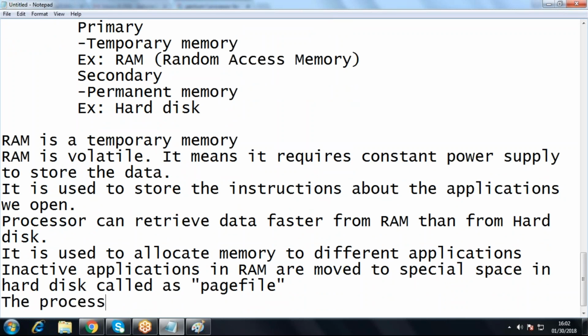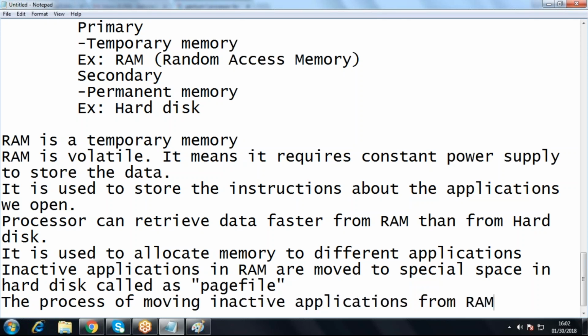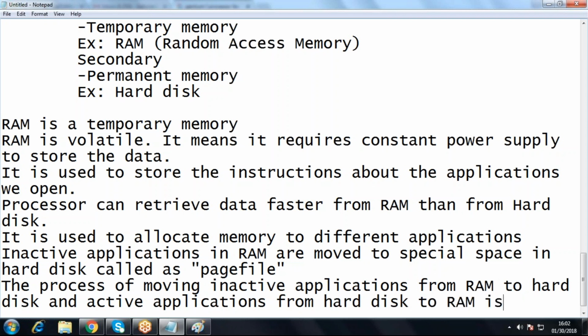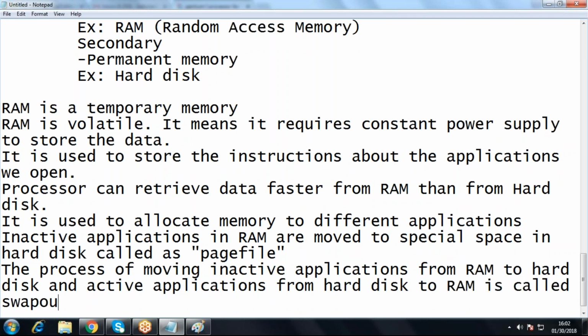The process of moving inactive applications from RAM to hard disk, and active applications from hard disk to RAM, is called swap out and swap in respectively.